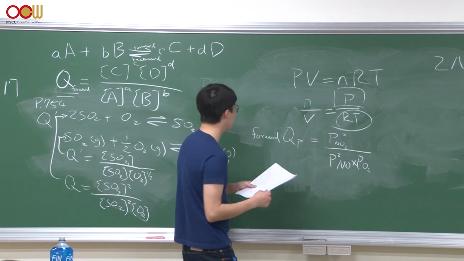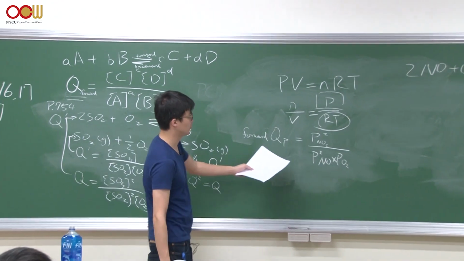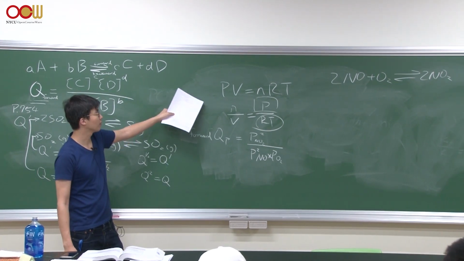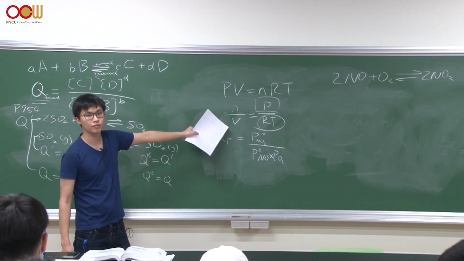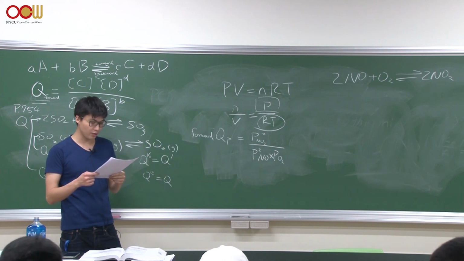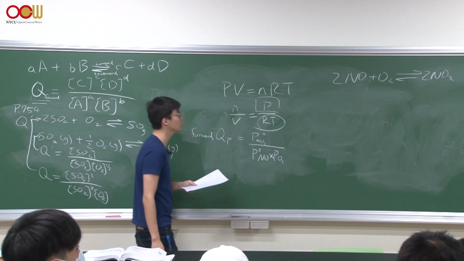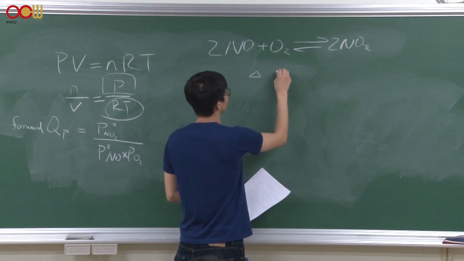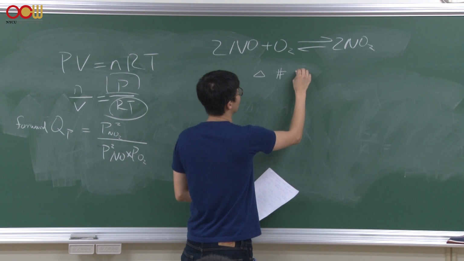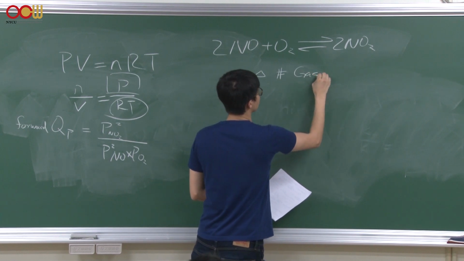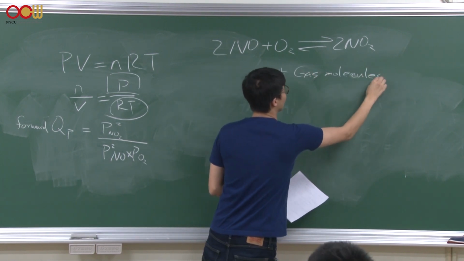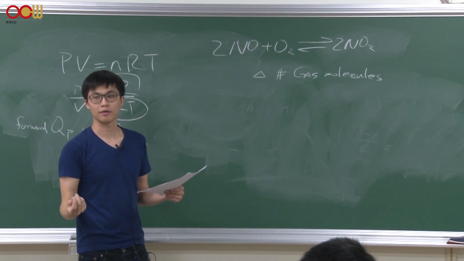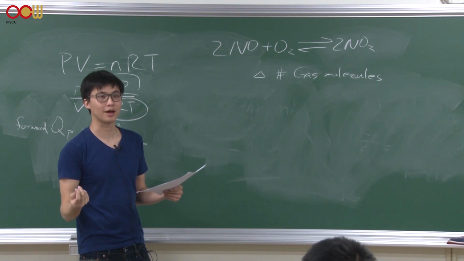But how do we relate concentration to such an equation? Going back, concentration is what? Number per volume, okay? So when we're dealing with gas, we also need to look at the change in the number of gas molecules. And for chemists, we like to describe everything in moles, okay? I think Arrhenius came up with that, but I could be wrong.